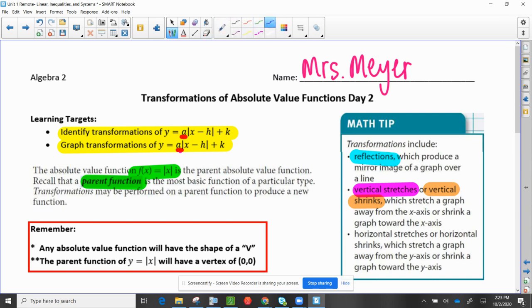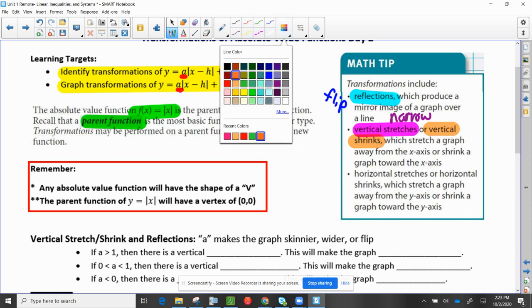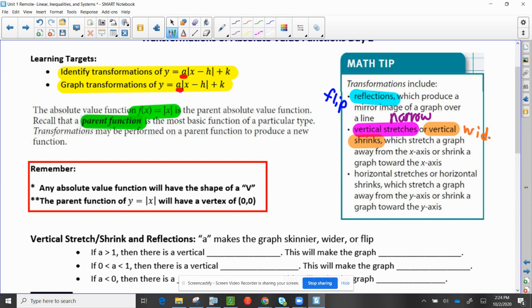Okay, so instead of opening up like a V, it's going to open down. So a reflection, a lot of times we're just going to call it a flip, but we'll look at that. And then we're going to look at stretches and shrinks. Stretches are going to make the graph more narrow, meaning skinnier. And anytime we have a vertical shrink, that's going to make our graph look more wide.